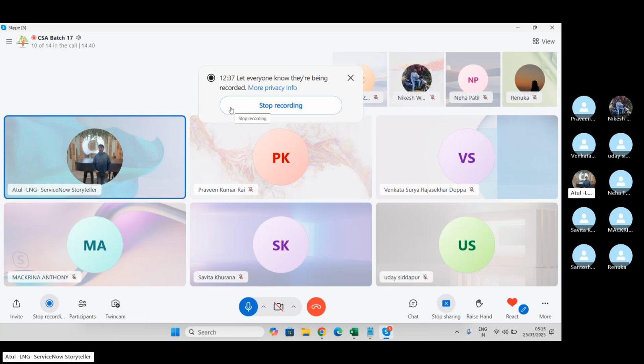Everybody is using a laptop. What are the attributes of a laptop? Tell me. Tell me what are the attributes of a laptop? Macrina. Company name.